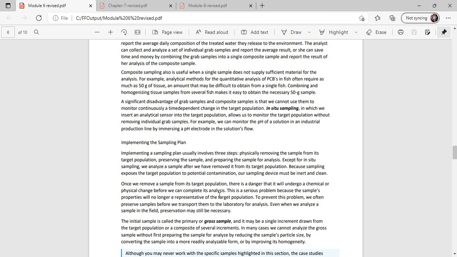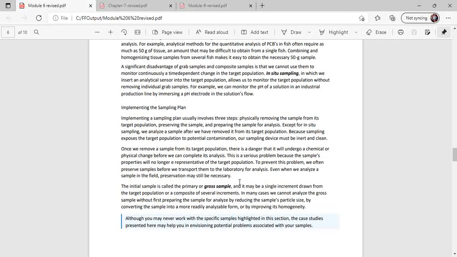Except for in situ sampling. Okay? In sampling, we analyze a sample after we have removed it from the target population because sampling exposes the target population to potential contamination or interference. Our sampling device must be inert and also clean. Once we remove a sample from its target population, there is a danger that it will undergo a chemical or physical change before we can complete its analysis.